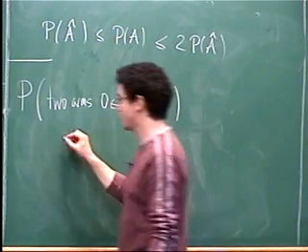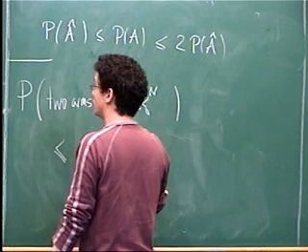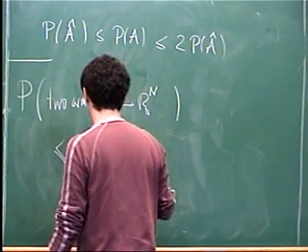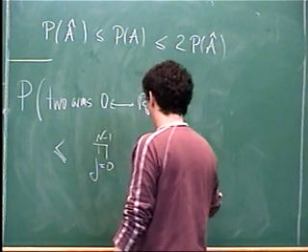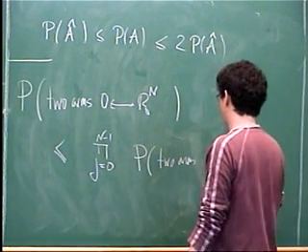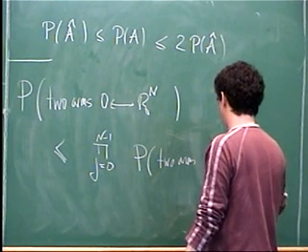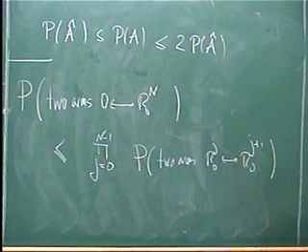We say this is smaller than the product from j equals 0 to n minus 1 of the probability of 2 arms between R0 to the j and R0 to the j plus 1, just because in each of the concentric annuli you want to have 2 arms.